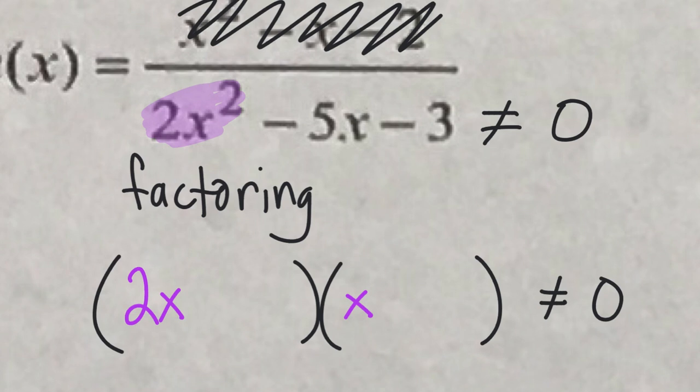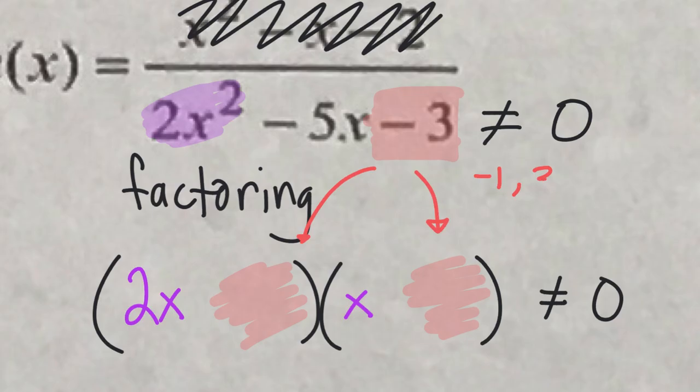Now the last number in your factor, these two numbers have to multiply to give you negative 3. If the first numbers multiply to give you the first thing, then the last numbers multiply to give you the last thing. So we want to think, what numbers multiply to give us negative 3? And hopefully you're thinking that they're negative 1 and positive 3, or positive 1 and negative 3.